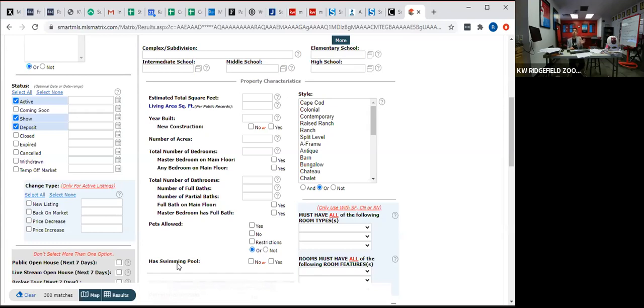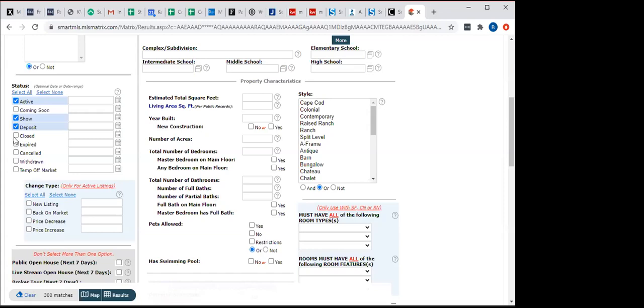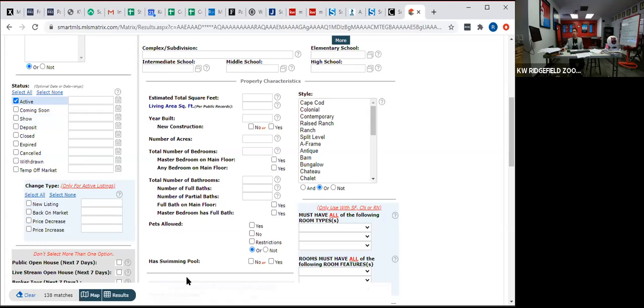Now, because we know what's going on in the market right now, it's easy to say which one is closer to the truth. Which one is closer to the truth? Seller's market. Well, yeah, without the shows and deposits. So I don't use them, John. Again, I'm not looking to make anybody wrong if you want to use them. I just don't think you get as accurate a picture as you do when you exclude them.